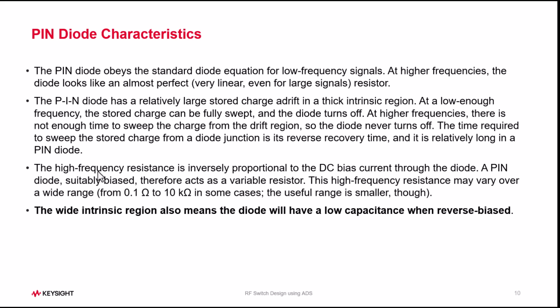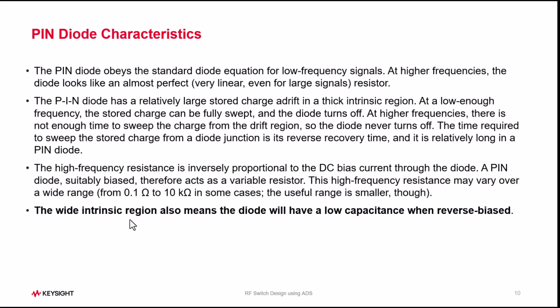Now one of the key things to note, the high frequency resistance of a PIN diode is inversely proportional to the DC bias current. It is a very important property which I will go through as we go along in this presentation. This simply means by controlling the DC bias of your diode, you can change the resistance of the diode, thus playing a little bit with the attenuation or isolation offered by the switch.